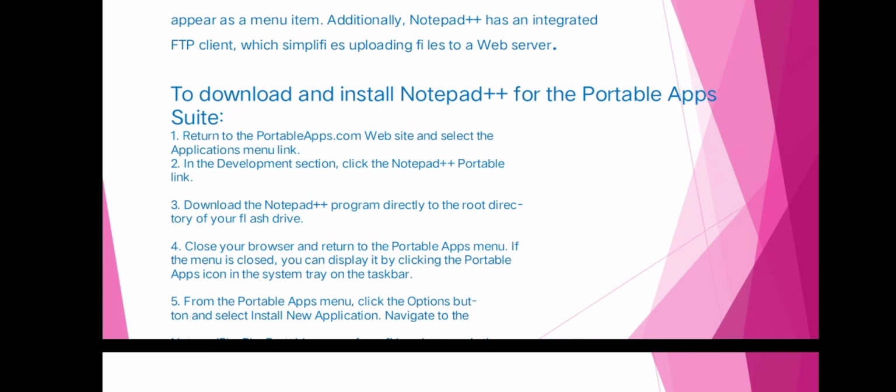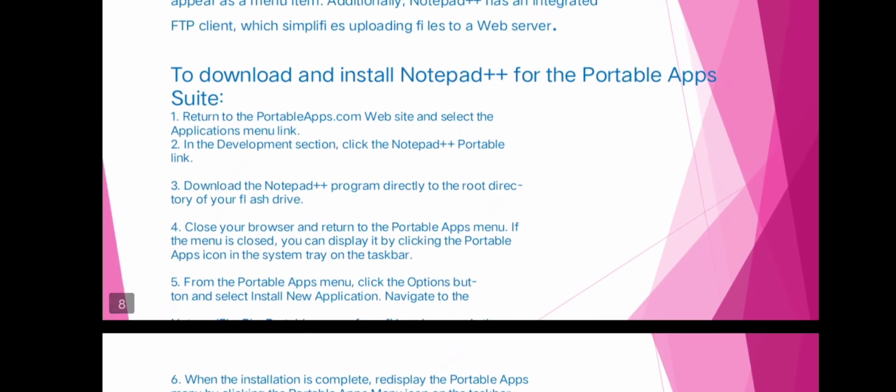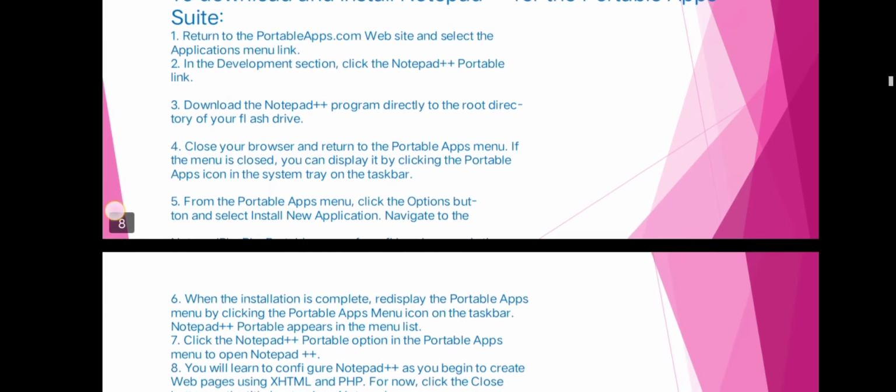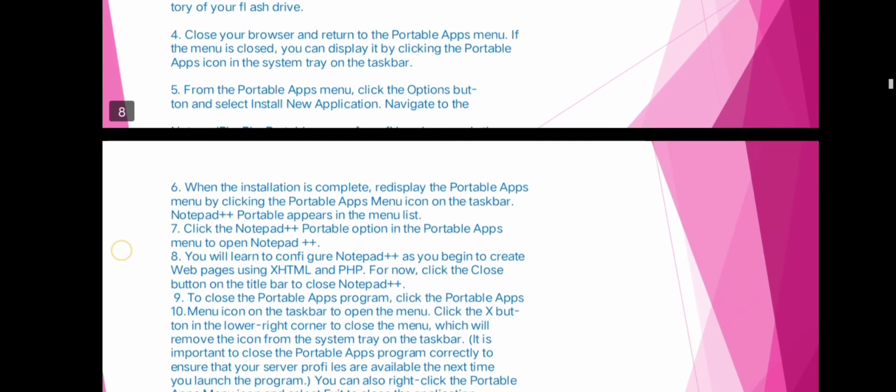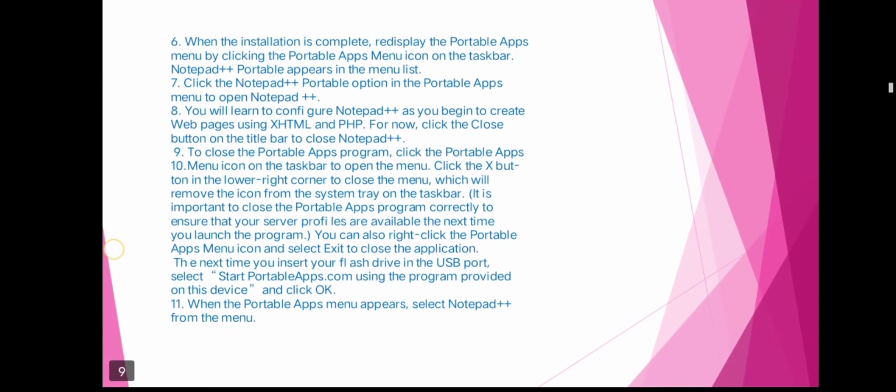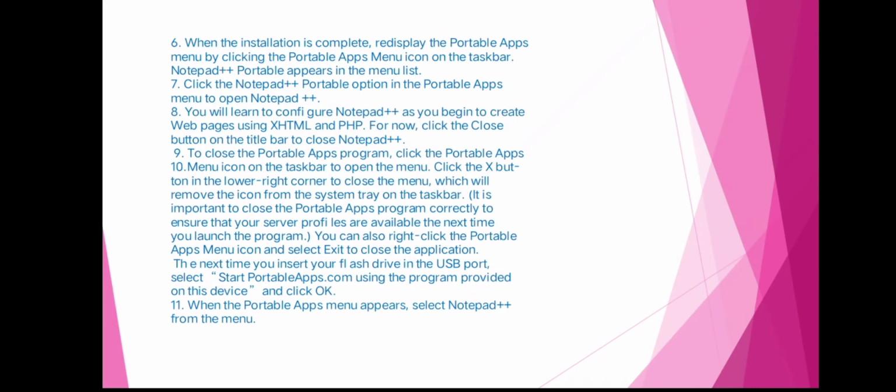Fourth, close your browser and return to the Portable Apps menu. If the menu is closed, open it by clicking the Portable Apps icon in the system tray on the taskbar. Fifth, from the Portable Apps menu, click the Options button and select Install New Application. Navigate to the Notepad++ Portable.